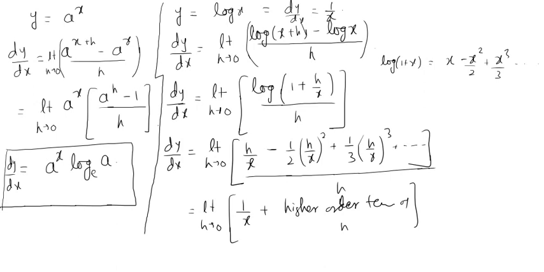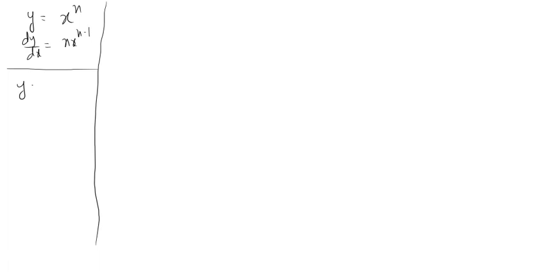So I just want to quickly revise whatever we have studied so far. For y equal to x to the power n, dy by dx is n x to the power n minus 1. For y equal to sin x, dy by dx is cos x.